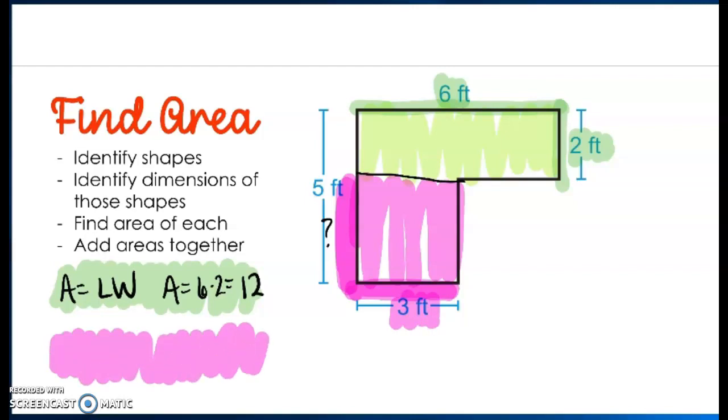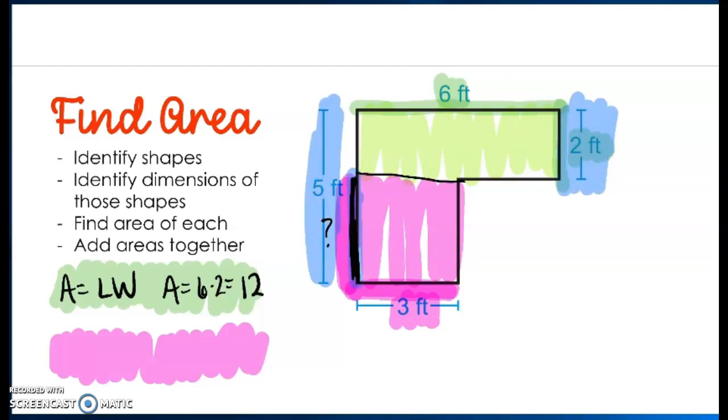If you remember from last week's lesson, the way that you can determine that question mark is we look at all the sides that are up and down. I'm just going to use blue so you can see it. This is a measurement that's up and down, and this is a measurement that's up and down.